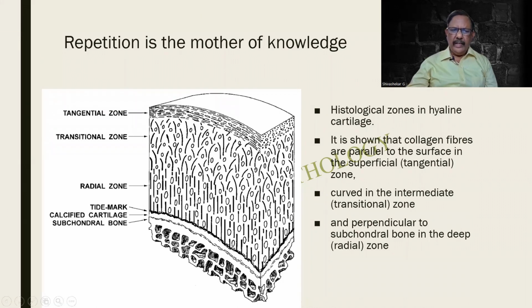So there is a tangential zone, there is a transitional zone, and here they are all radially arranged. And this is the tide mark. Tide mark is just one line that I am seeing that demarcates between this and the underlying ossified cartilage and subchondral bone. These are the histological zones in a hyaline cartilage. So that is how the integrity of the joint is being maintained.